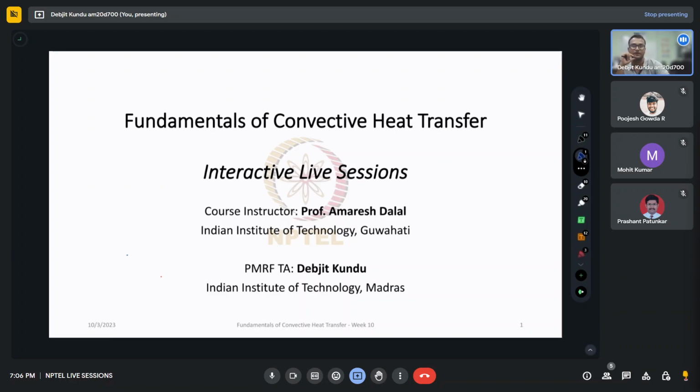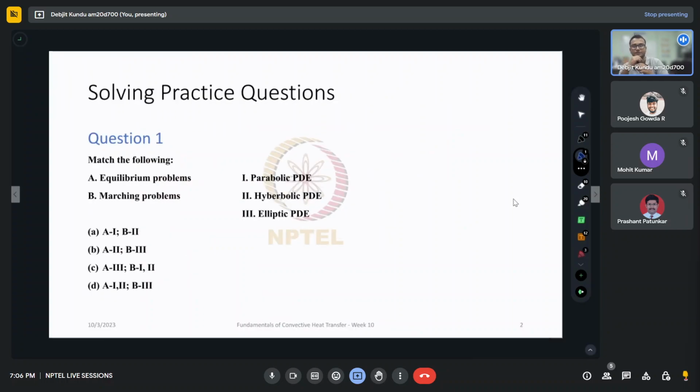So here we have question number 1 of today's session, which is a match the following type of question. On the left column, we have option A, equilibrium problems, and option B, marching problems.